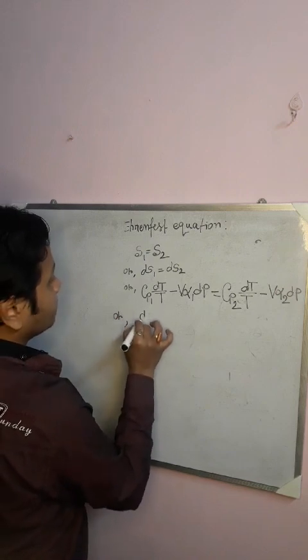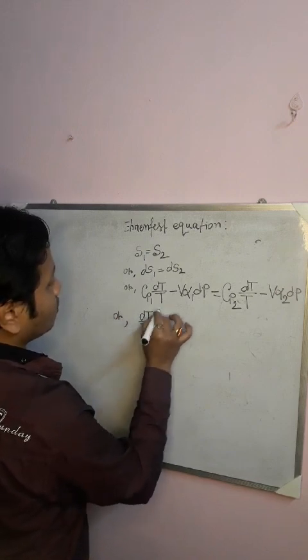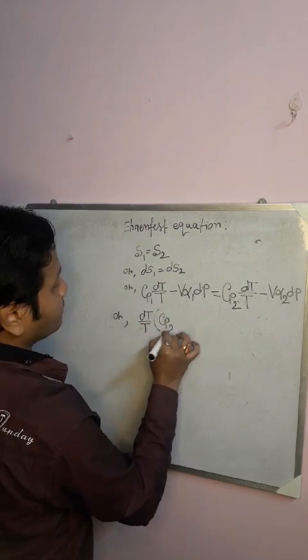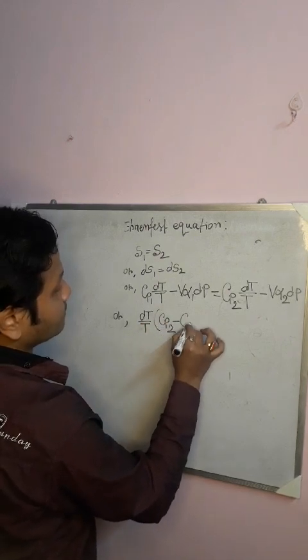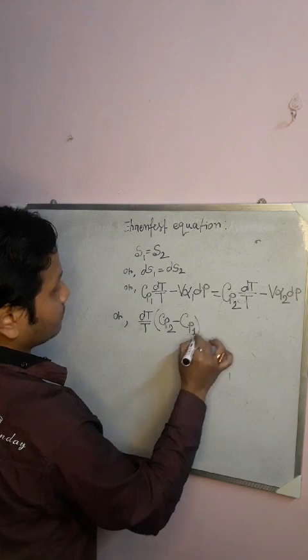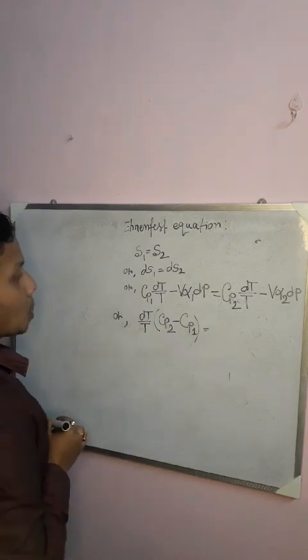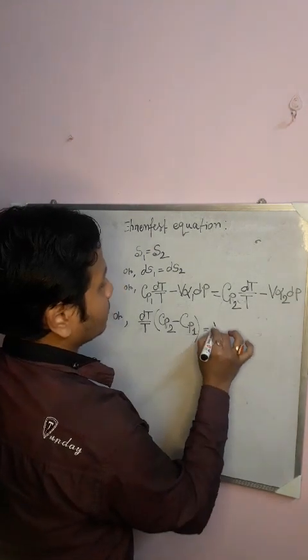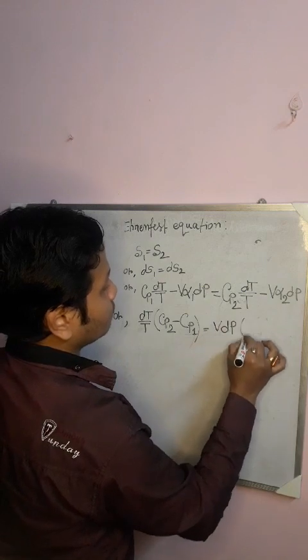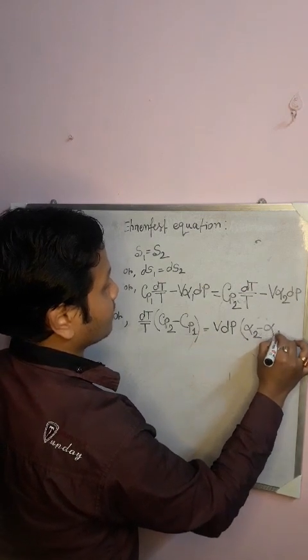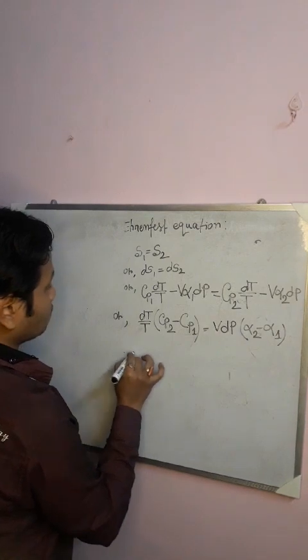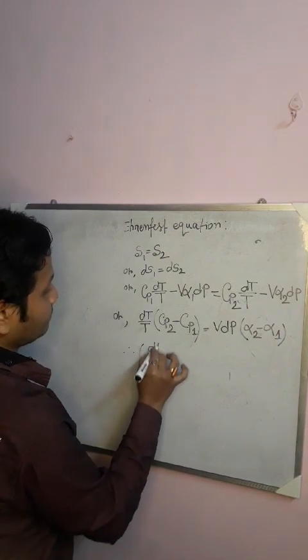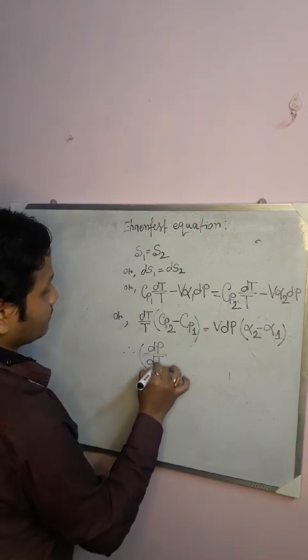Now if we take dT upon T common, we get Cp2 minus Cp1. This must be equal to, you take V dP common, so it will become alpha 2 minus alpha 1. So what will be my dP dT at constant S?